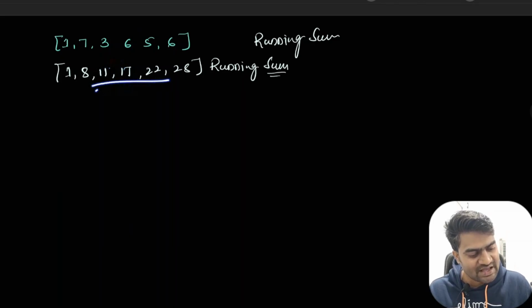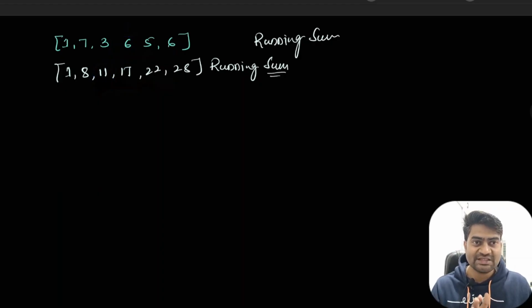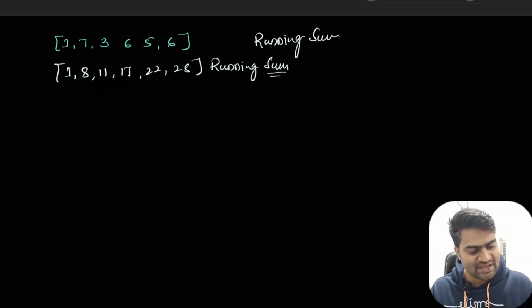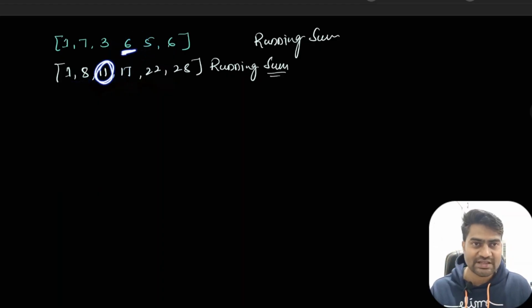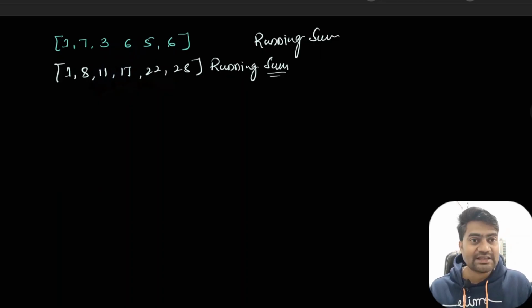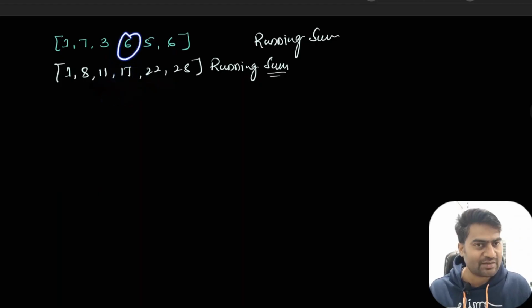This running sum array will give us the prefix sum for this particular number. It means we have already calculated the left sum. So we know this is the left sum for this particular number, and the other concept is that this is the running sum of this particular number, right?